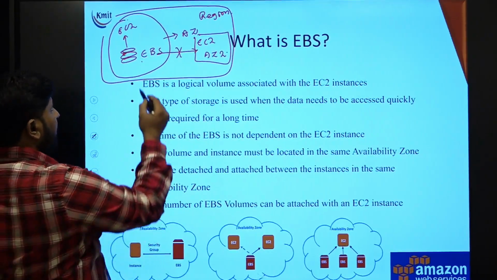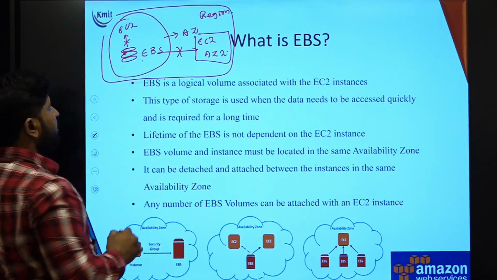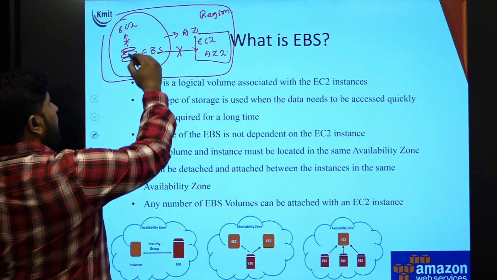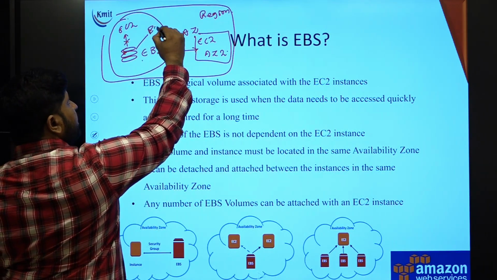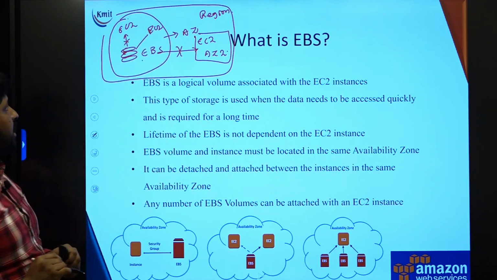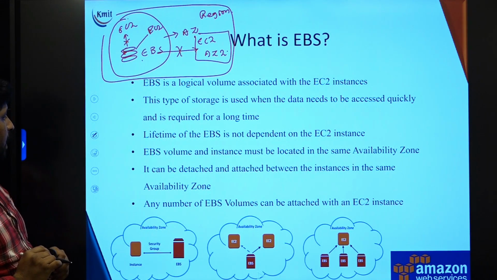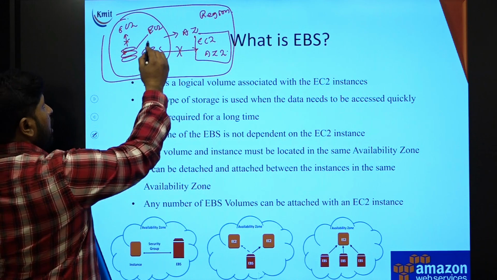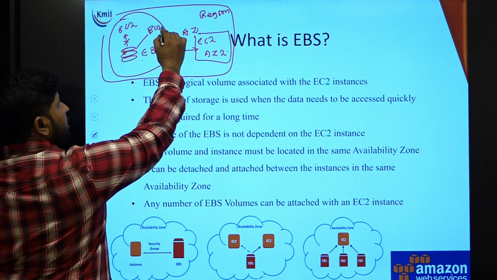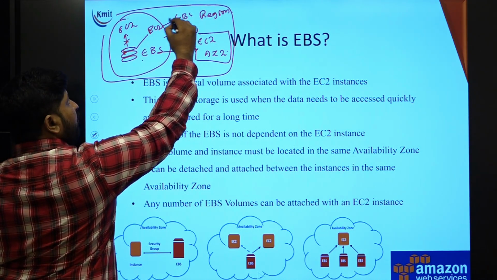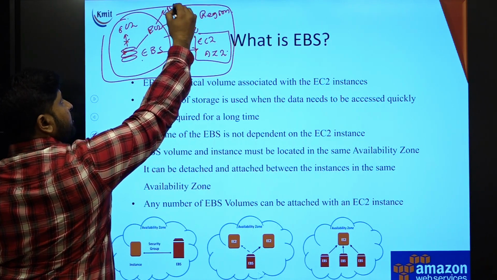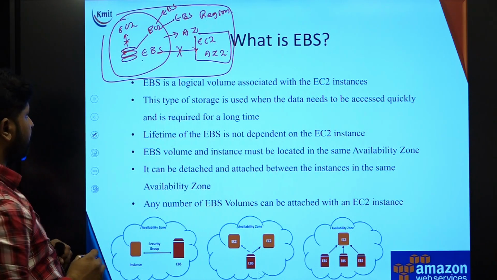You can detach your EBS from an EC2 instance and connect it to some other EC2 instance which is running in the same availability zone. And for a single EC2 instance, you can attach any number of EBS volumes. So there are three scenarios.